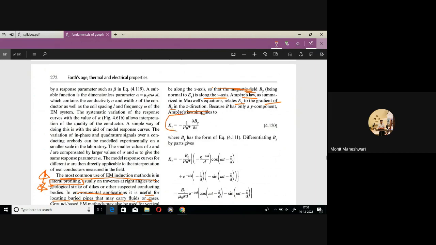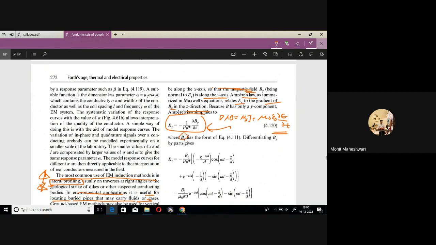So this is the equation from Maxwell's laws. According to Ampere's law, del cross B is equal to mu 0 J plus mu 0 epsilon 0 del E by del t. Right? From there on, we can find that equation also.